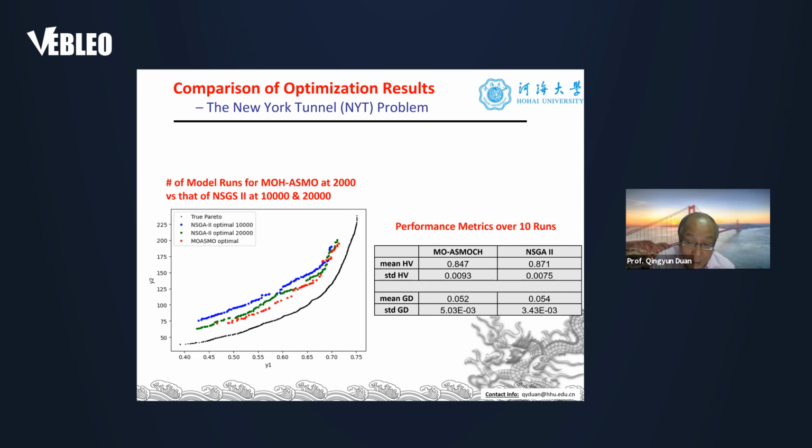So you can see that we have a smaller distance, and the volume is comparable. We have 2,000 function model runs. They use 10,000 to 20,000. So we have a saving of about 10 times. So those are the examples I have shown here.